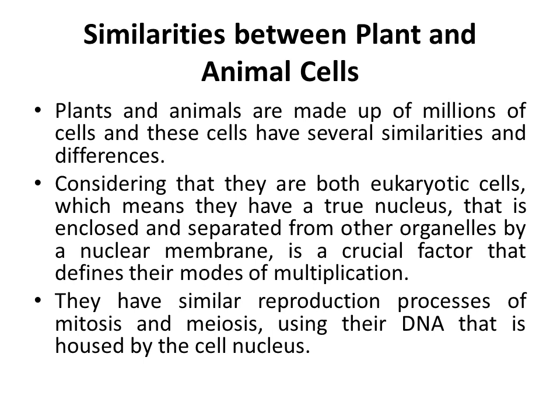The separation of the nucleus from the rest of the organelles and cytoplasm is made possible by the presence of the nuclear membrane, which is a crucial factor that defines their mode of multiplication. They have similar reproduction processes of mitosis as well as meiosis, and they use their DNA that is housed by the cell nucleus.